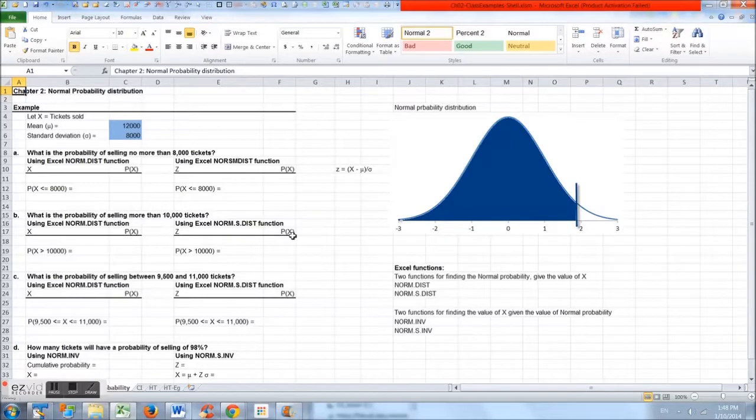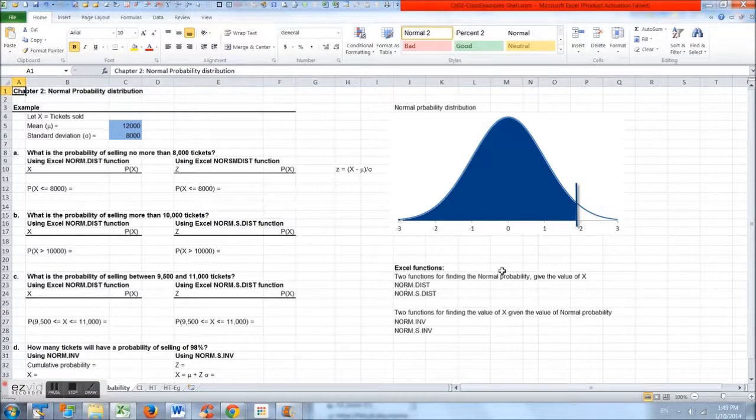A normal probability distribution follows a bell-shaped curve, something like this. But in Excel, there are 4 functions related to normal probability. There are 2 functions, like these two, used for finding the normal probability given an x value.